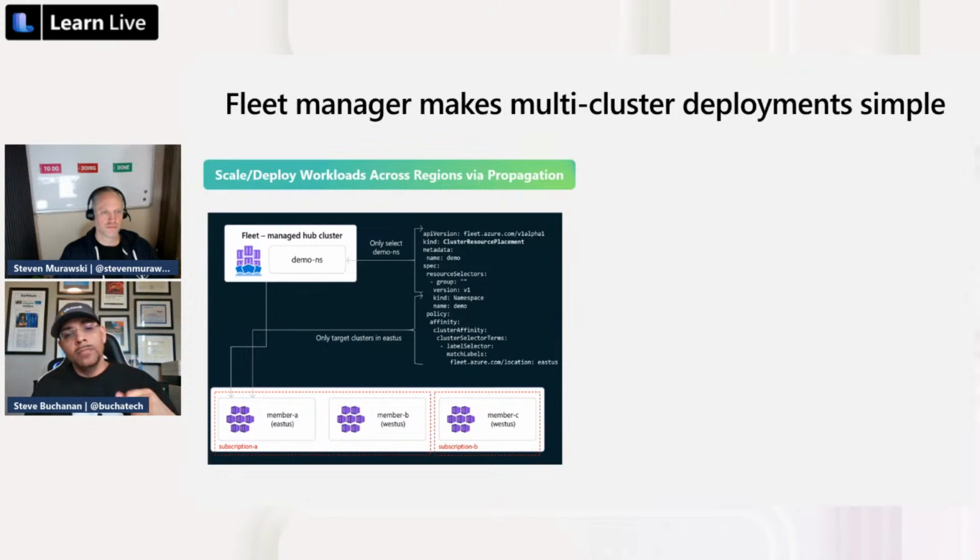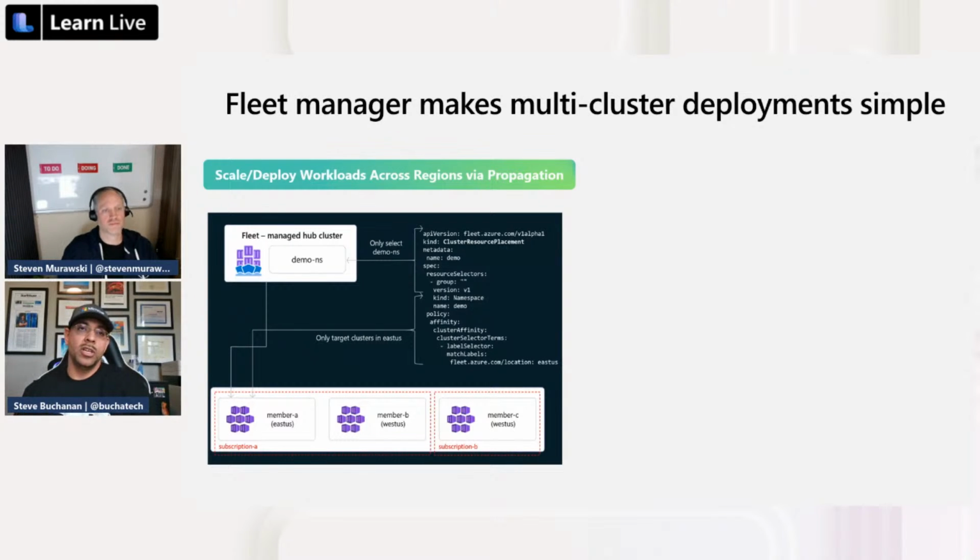So in Fleet Manager, we have the hub cluster, and then we have member clusters that are a part of that fleet, and we can go ahead and push out this cluster resource placement, and we can utilize labels so we can have that push out to, let's say, production or dev or stage. Or in this example, we're pushing it out based on a region.